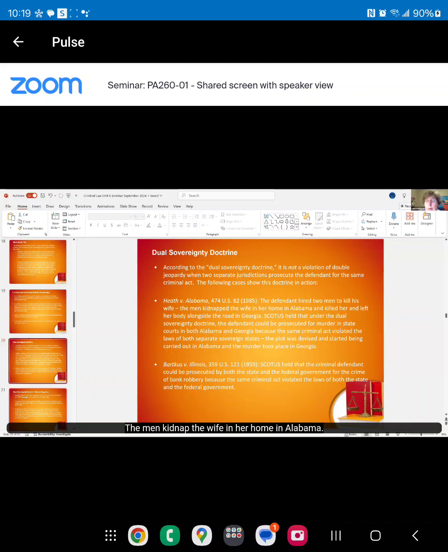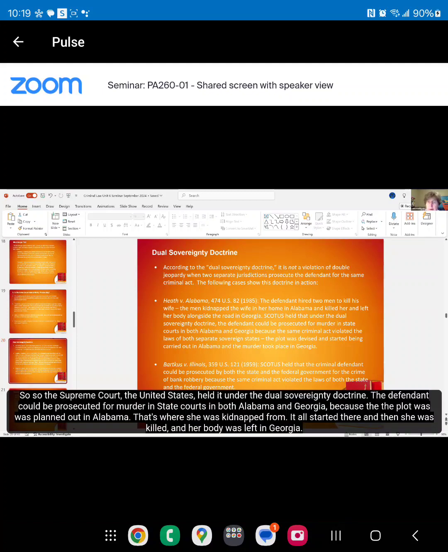The men kidnapped the wife in her home in Alabama and killed her and left her body alongside the road in Georgia. So the Supreme Court of the United States held that under the dual sovereignty doctrine, the defendant could be prosecuted for murder in state courts in both Alabama and Georgia, because the plot was planned out in Alabama.